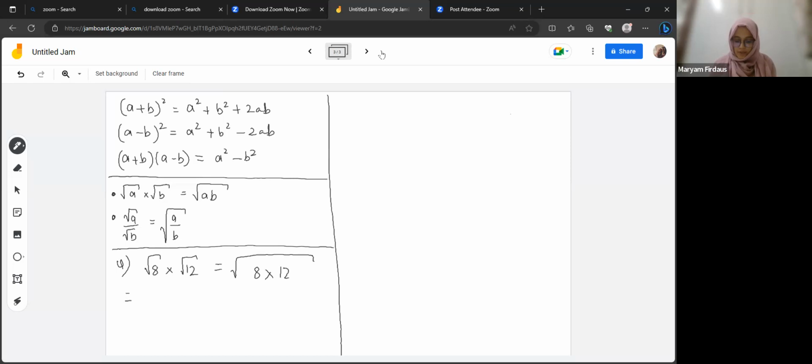For this root 8 into 12, write this 8 as 2 into 2 into 2, and write this 12 as, what is the prime factorization of 12? 4 into 3, right? 4 into 3 can be written as 2 into 2 into 3. So please write it like this.